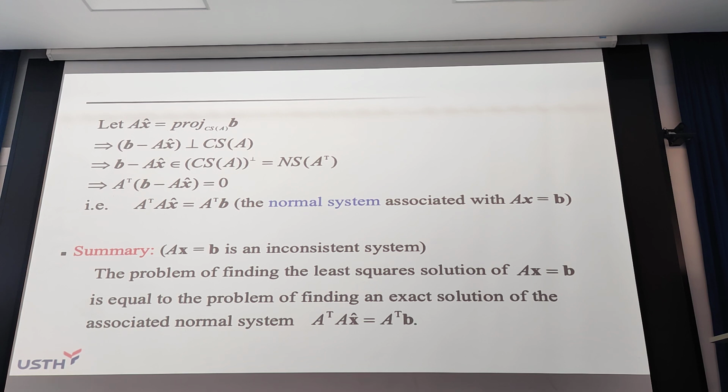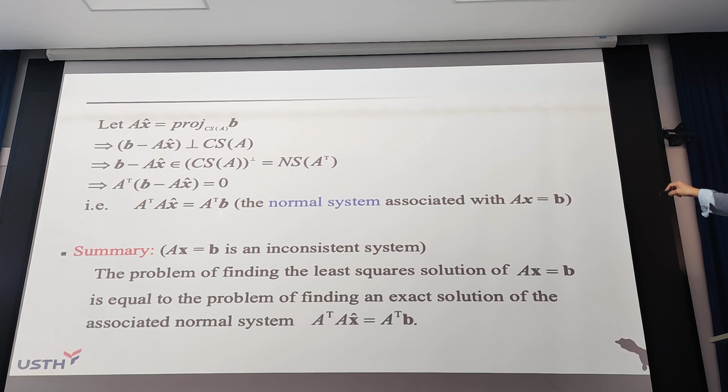Because of that, b minus Ax hat must be orthogonal to the column space of A. If we multiply them together, we get A transpose multiplied by (b minus Ax hat) equals 0. But if you look at the last equation, the right-hand side is something we know.